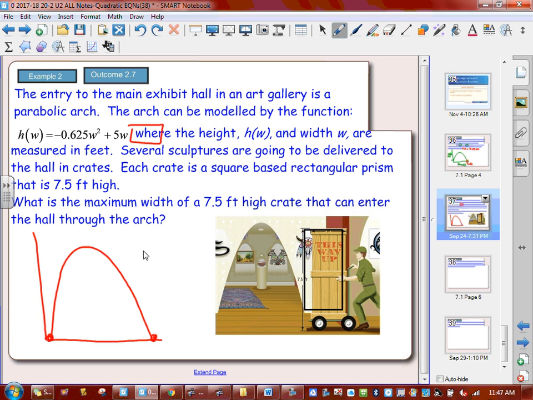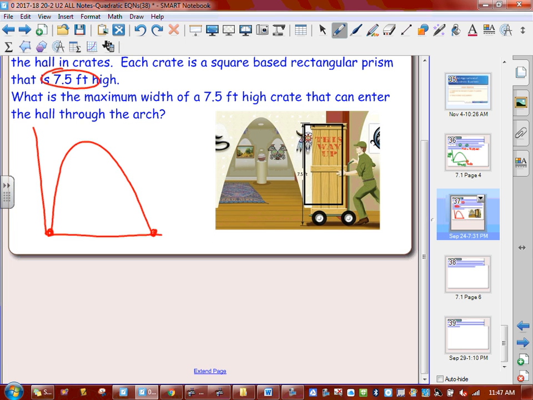Now, the crate is 7.5 feet high, so we're going to make 7.5 feet go across, and that's what we're going to intersect. We're going to intersect right here and right here, get both of those x numbers, and then subtract them so we know how wide the crate will fit. That's what we have to do.